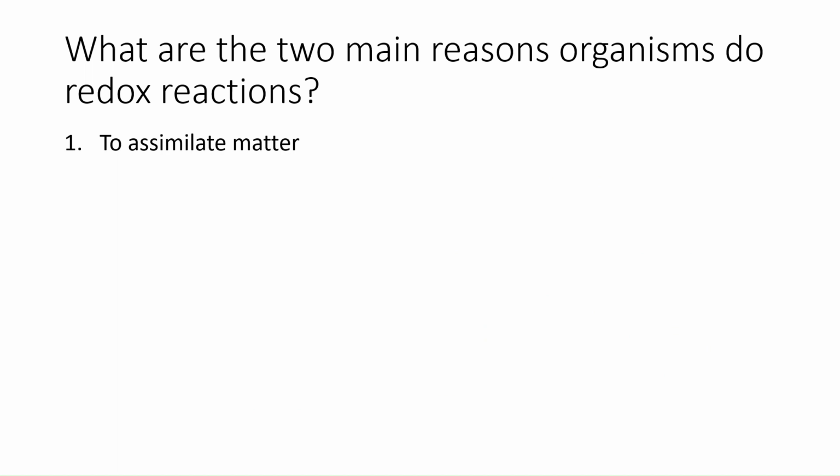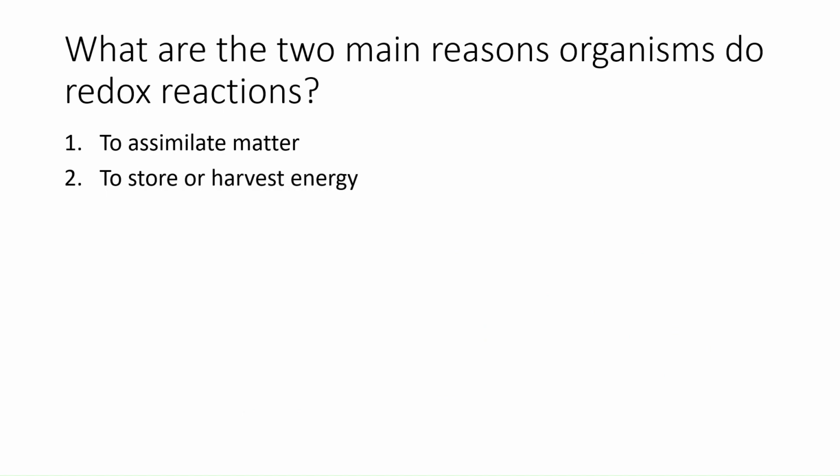There's two main reasons why organisms do redox reactions. One is to assimilate matter. So, take for example, plants that photosynthesize. They will do redox reactions to turn CO2 into organic matter in order to build the building blocks for cellular material so that they can grow and reproduce and do a variety of cellular functions.